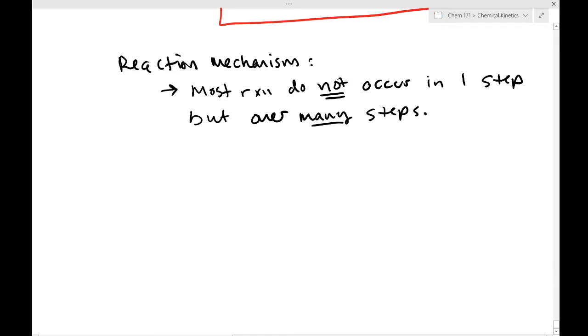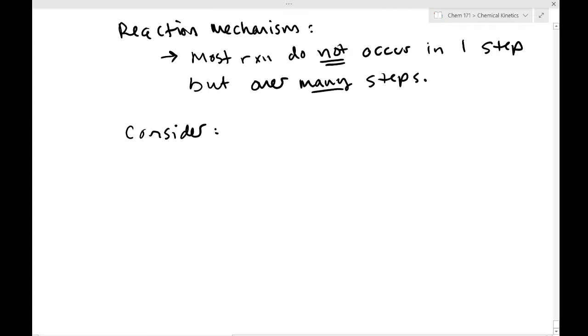Let's consider a reaction between hydrogen and chlorine gas, or iodochloric acid. Wait, what is that? Oh, excuse me. It's iodine monochloride. Pardon me.